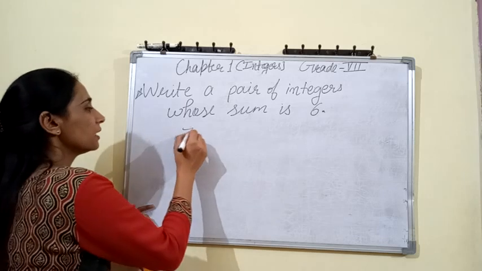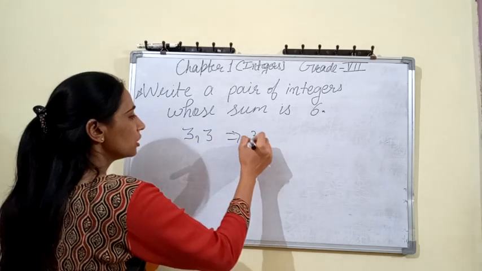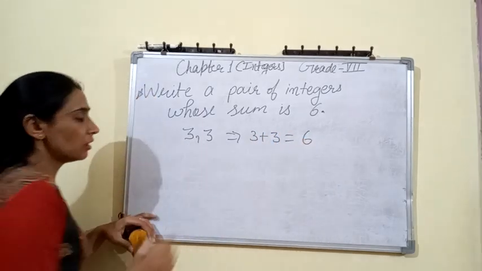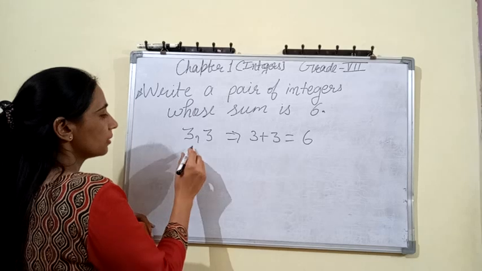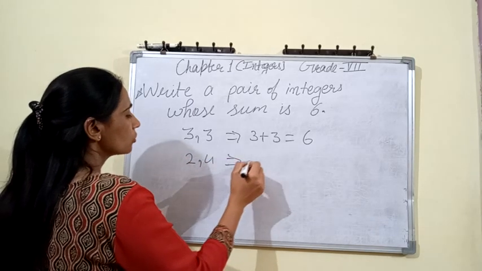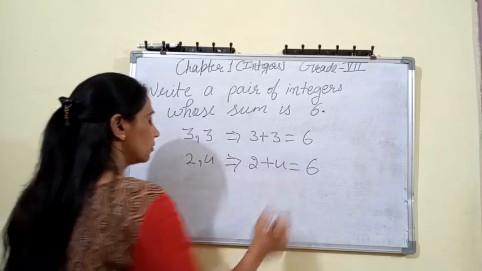So if I take 3 and 3, both are integers. If I add them, 3 plus 3 will be 6. If I take 2 and 4, 2 plus 4 will also be 6.